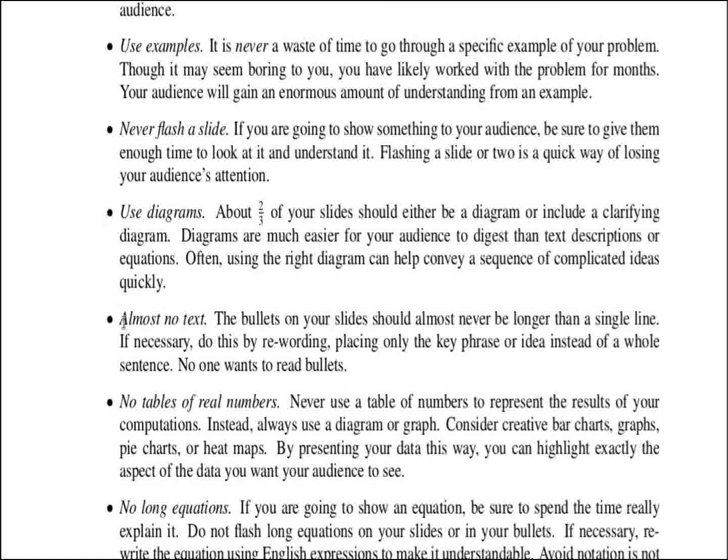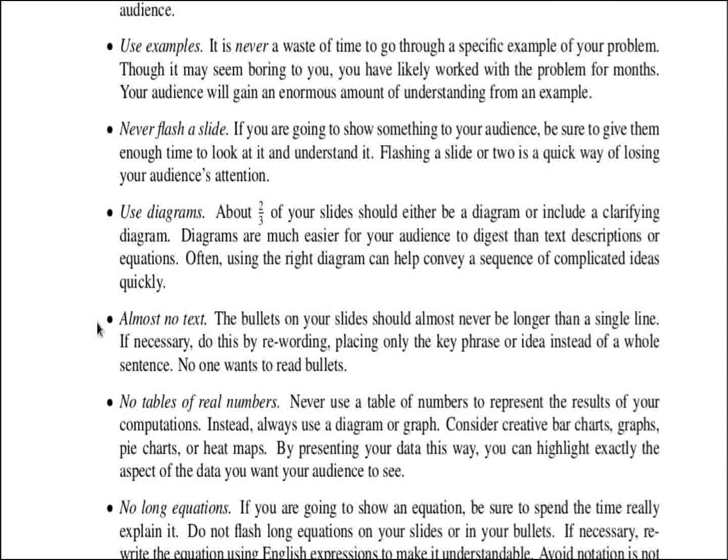Now this bullet goes very closely with the next bullet, which is almost no text. And what I mean by this is you've all been in a presentation where the presenter will put up a slide where after each bullet there's an entire paragraph of text behind the bullet. Now, the reason this is a bad idea is because as soon as that paragraph of text comes up, the audience has a choice to either continue listening to you or to stop listening to you and read the text.